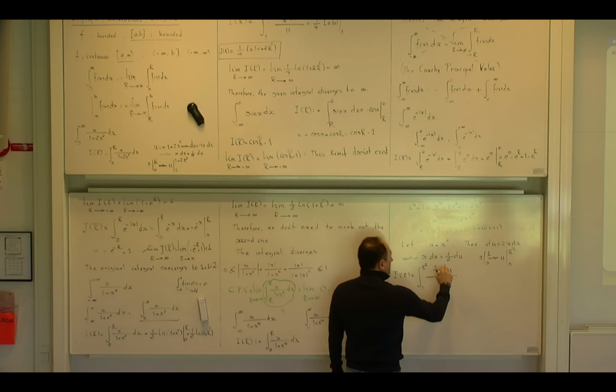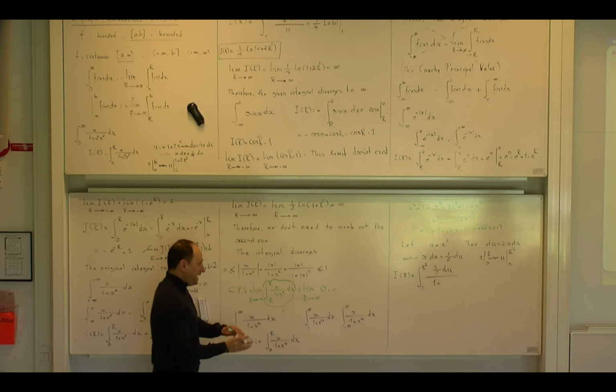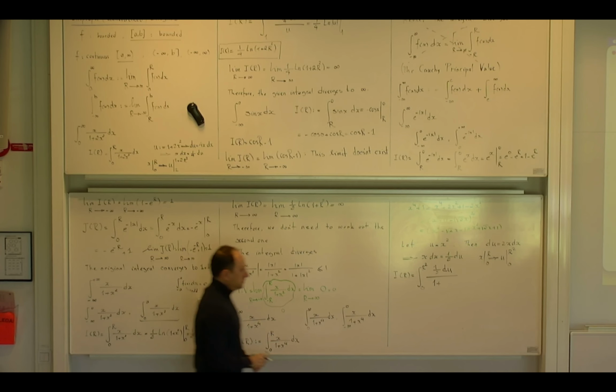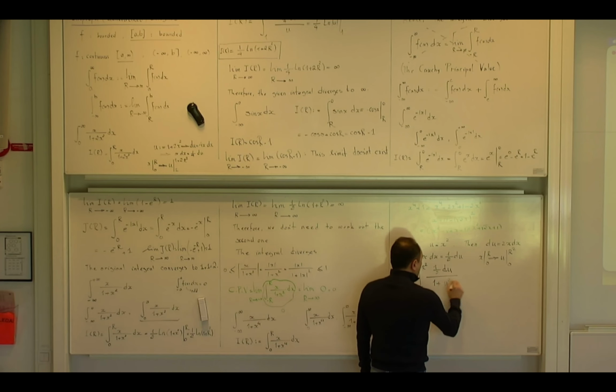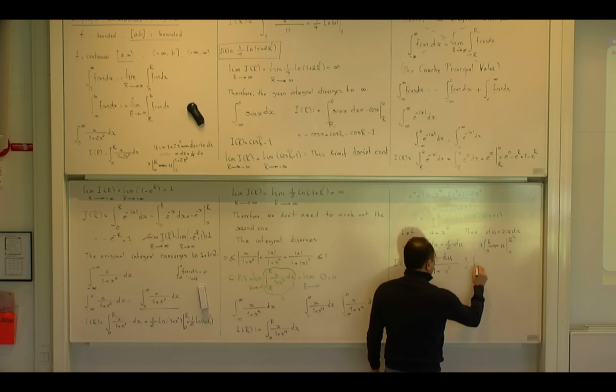And then, can you tell me what I should write for the denominator now? Because you know that everything should be written in terms of the new variable. You shouldn't have any trace of the old variable. 1 plus u squared. Yes? So then what happens? I pull this 1 over 2 out, then this becomes the integral of du over 1 plus u squared, and this is a very famous integral, hopefully.